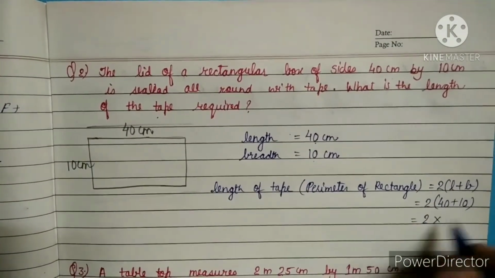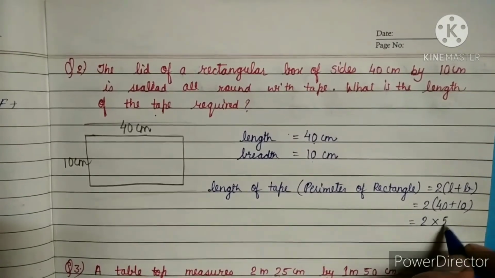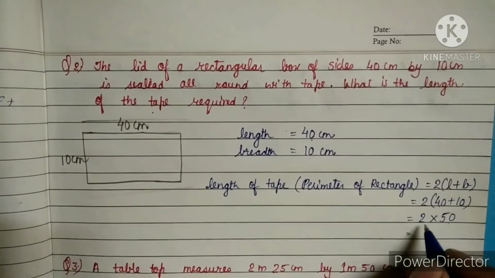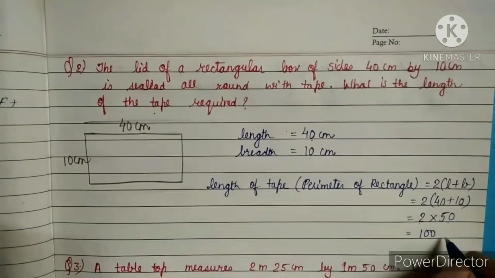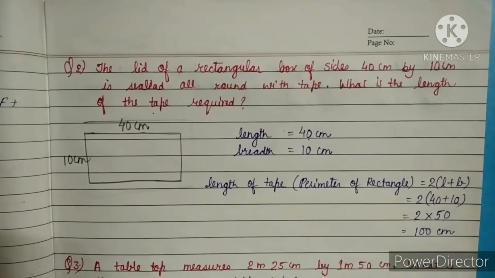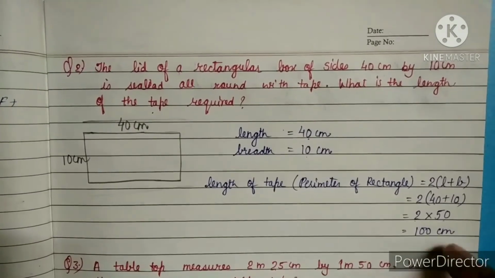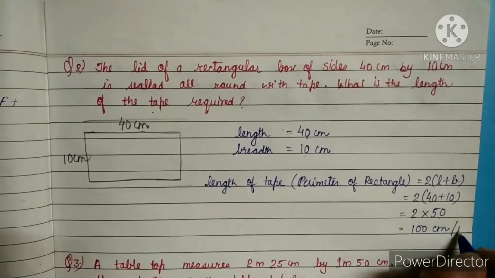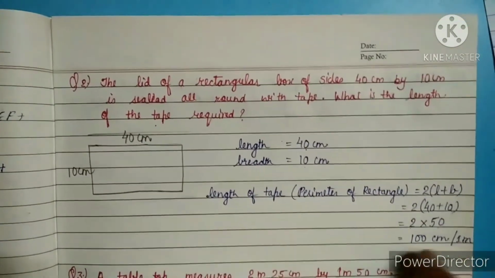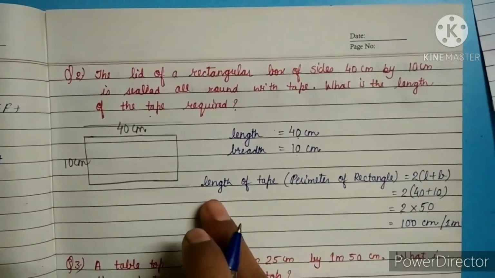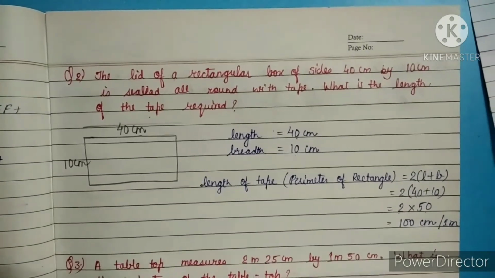So 2 into 40 plus 10 is 50, and 50 into 2 is 100 centimeter, and we know 100 centimeter is equal to 1 meter. So it can be written in the form 1 meter. So 100 centimeter or 1 meter length of tape is required.